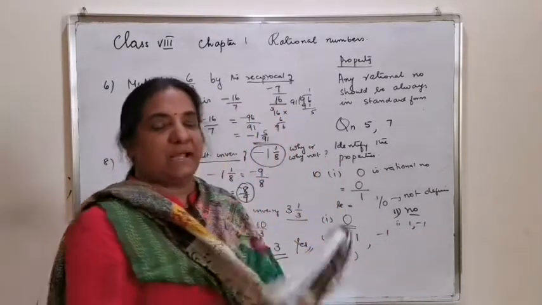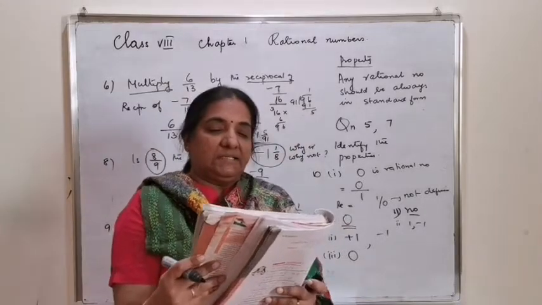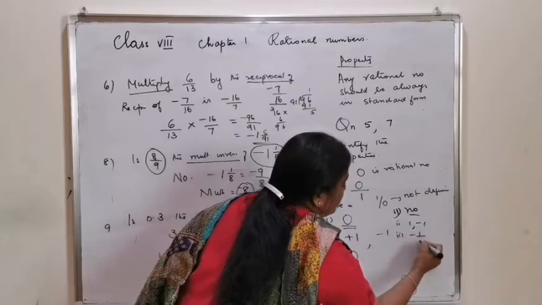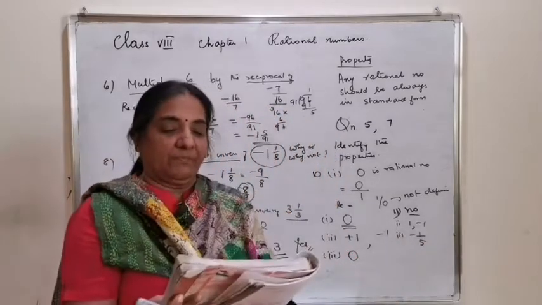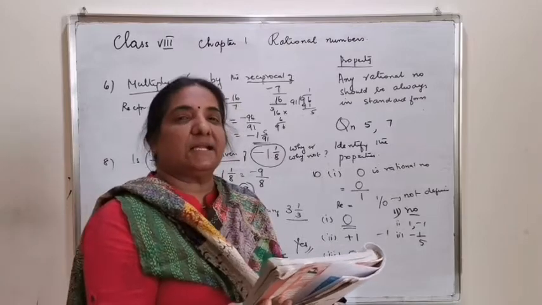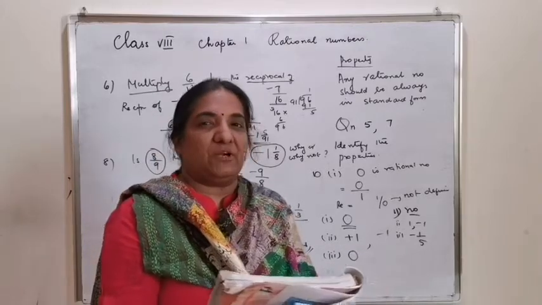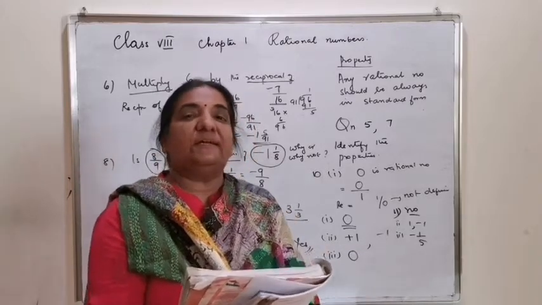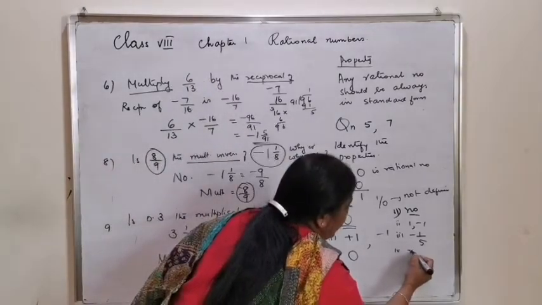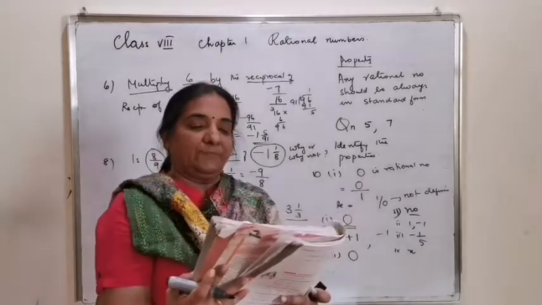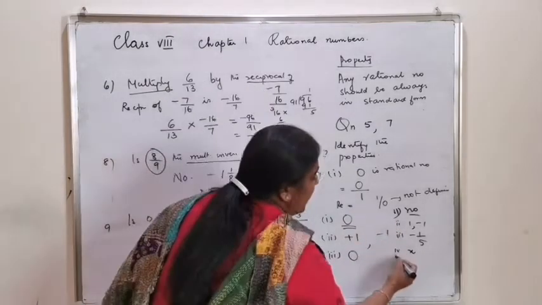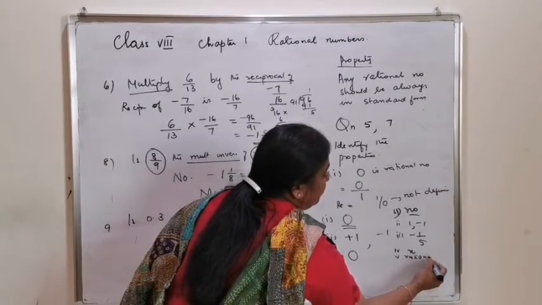The numbers 1 and minus 1, the same questions are repeating. 1 and minus 1 have the same reciprocals. The reciprocal of minus 5 is minus 1 by 5. The reciprocal of 1 by x, you can see the condition x not equal to 0, because division by 0 is not defined. Reciprocal of 1 by x is x, and the product of two rational numbers is always a rational number.